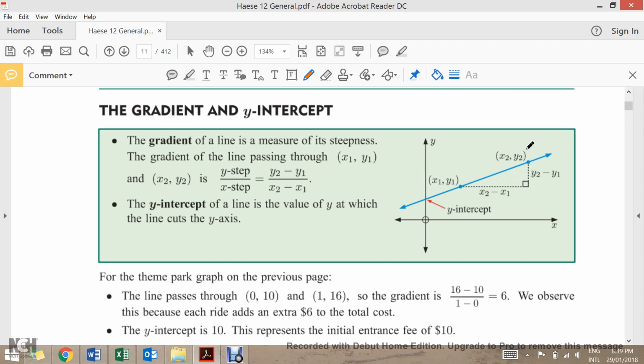Gradient is your y step over your x step: how far you've gone in the y, over how far you go in the x.